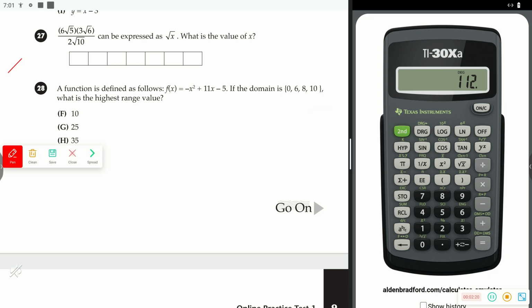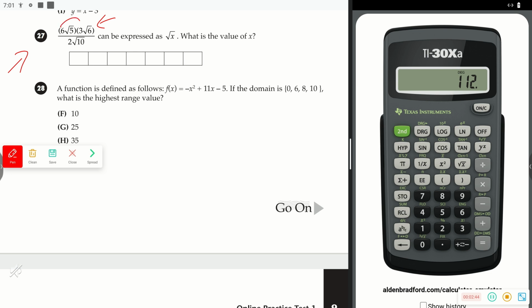Number 27. For this one, it says we want it to be expressed as the square root of x. What is the value of x? If you remember from the boot camp review, anytime we are multiplying or dividing radicals, you multiply and divide the numbers in front, and then you multiply and divide the numbers underneath the radical.